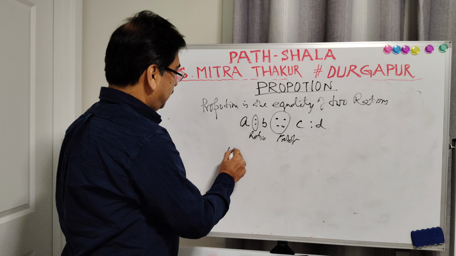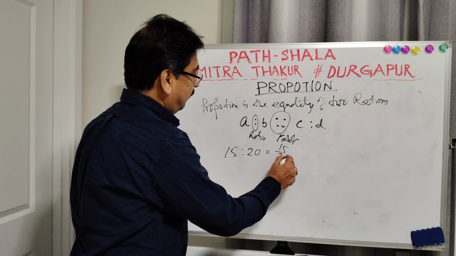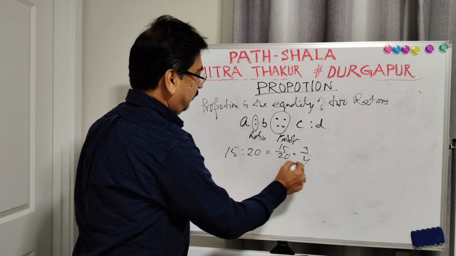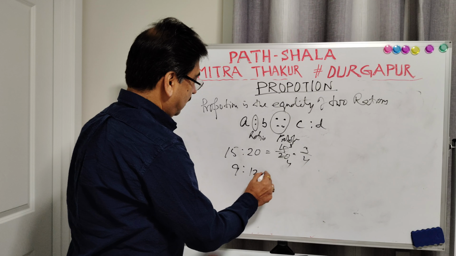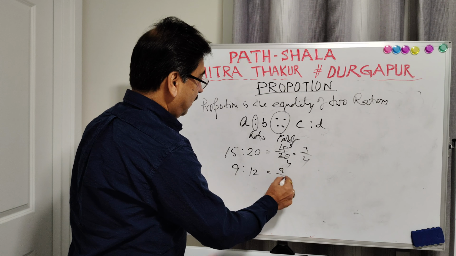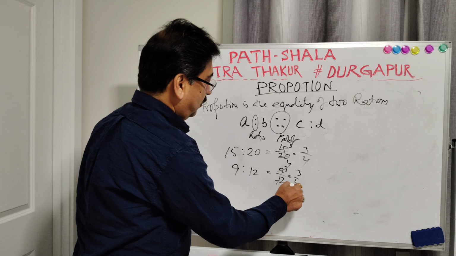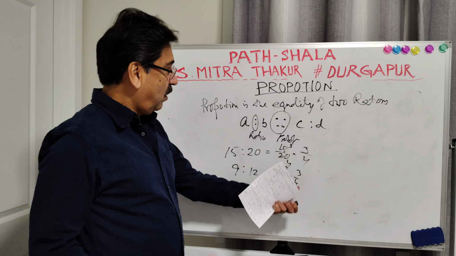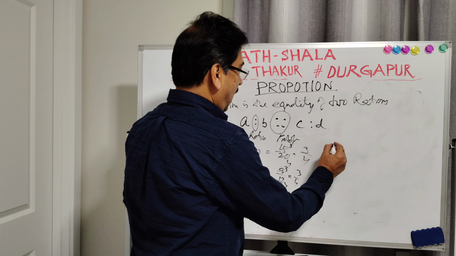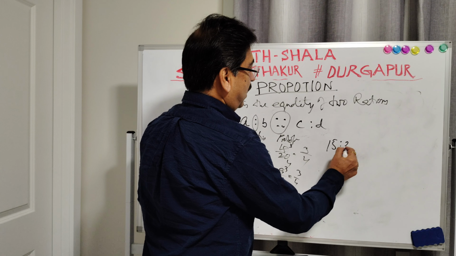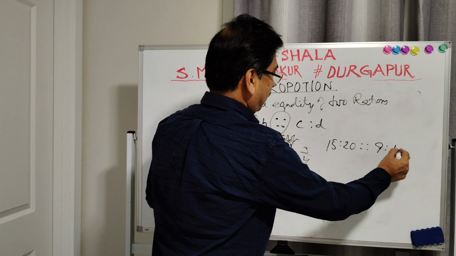That is, 15 is to 20 equal to 15 by 20 equal to 3 by 4. 9 is to 12 equal to 9 by 12, that is 3 by 4. So both are the same. Proportion is the equality of two ratios. In that condition, I would write that 15 is to 20 proportion to 9 is to 12.